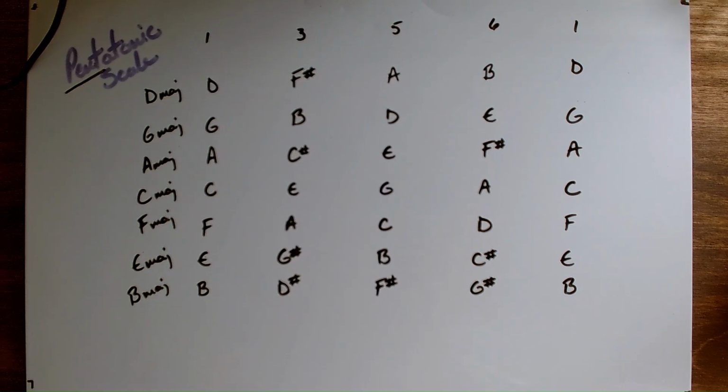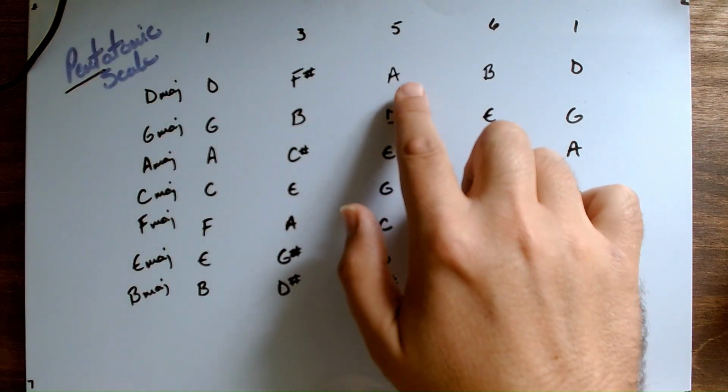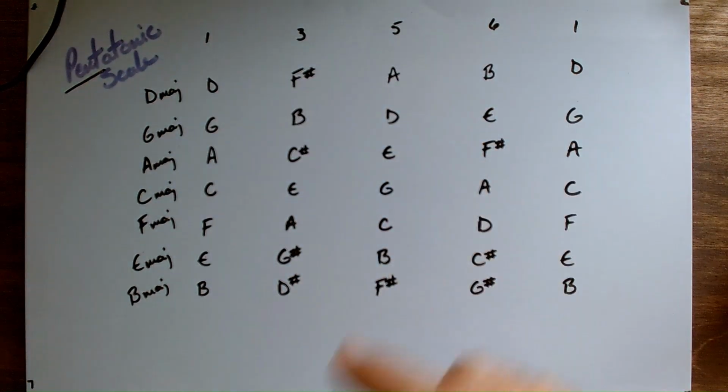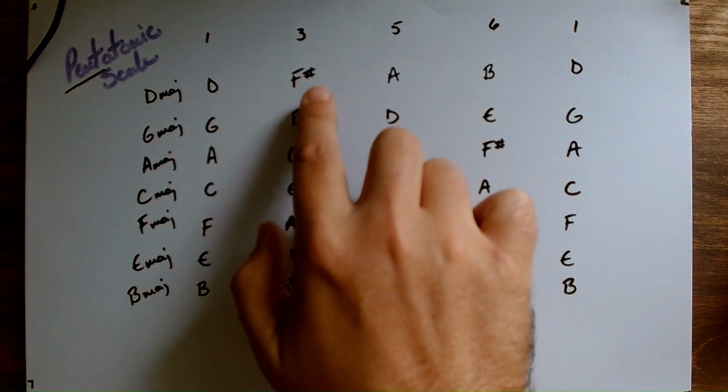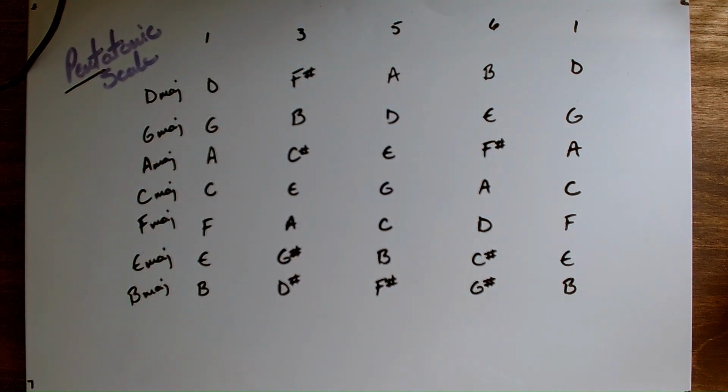So for the first line, Amaze, I'm going to start on A, B, and D. There they are right there. A, B, D. Next notes are going to be F sharp, D, F sharp.